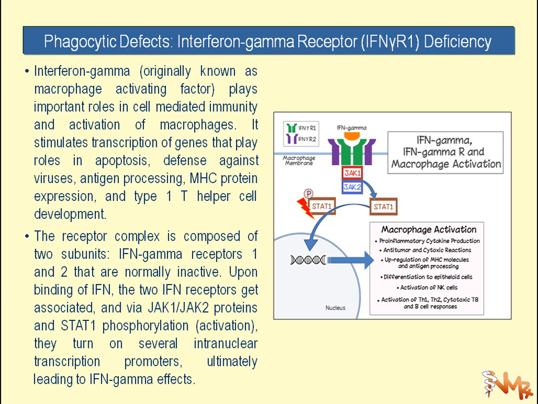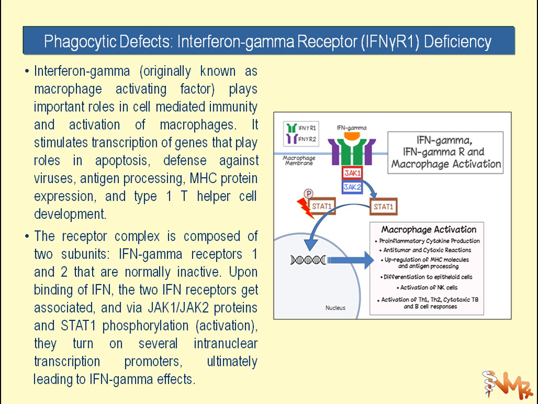The receptor complex of interferon gamma is composed of two subunits, interferon gamma receptor 1 and 2, that are normally inactive. Upon binding of interferon gamma to these receptors, the two receptors become associated.